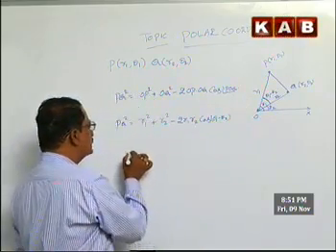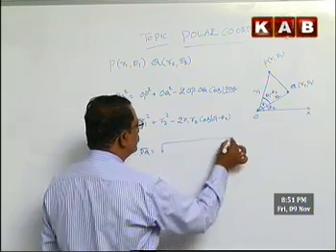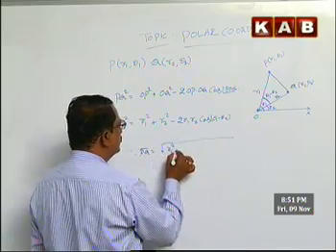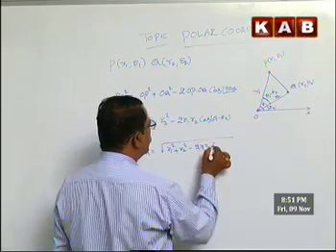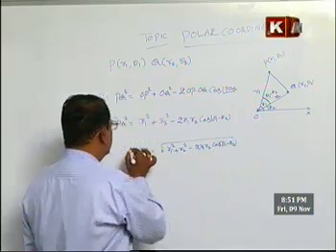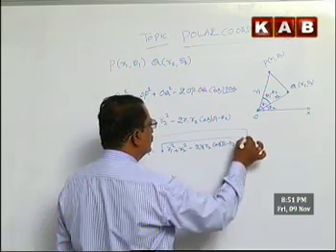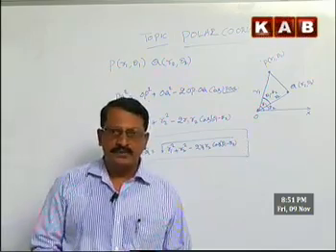Therefore, the distance PQ equals the square root of r1 square plus r2 square minus 2 r1 r2 cos of (theta 1 minus theta 2). This is the required distance between P and Q.